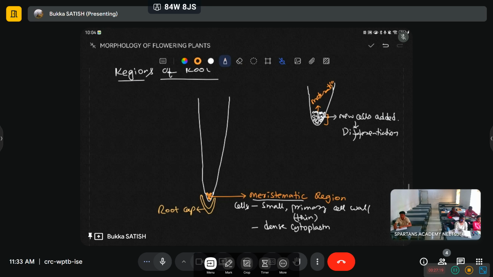The cells present inside will have active cell division only. So continuously new cells are added, but the cells present towards this side will be undergoing maturation. Means what? This region will remain constant.